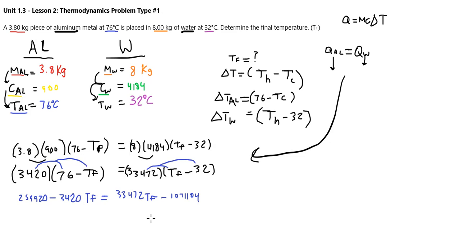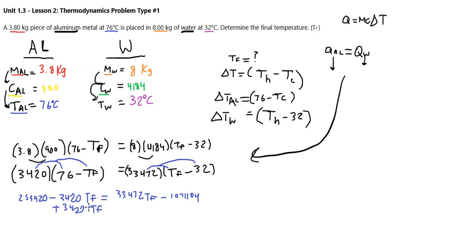Now let's get the variables on the same side. I like to do the smaller one so that it doesn't end up negative. So let's add this to both sides. I'm not going to write it out on both sides just for the sake of time.